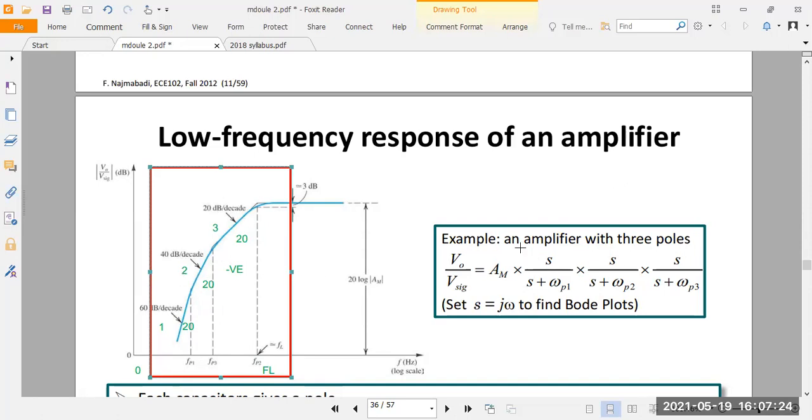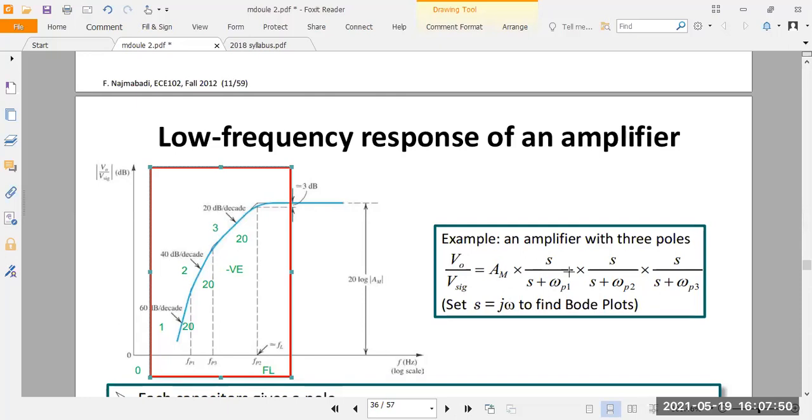See here, they gave one example of an amplifier with three poles. First you take gain, output voltage divided by input voltage. In that you take the mid-band gain, AM. After that you multiply by S divided by S plus omega P1. Here S is the transfer function variable for the gain falling.